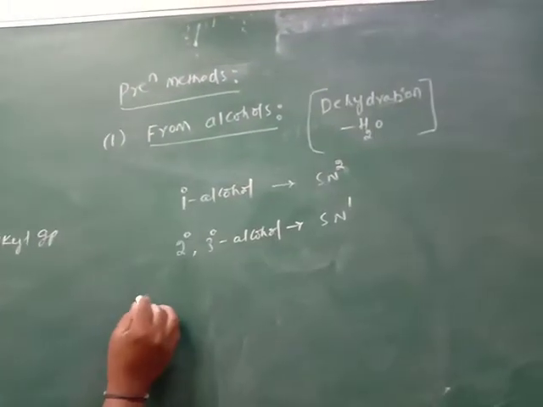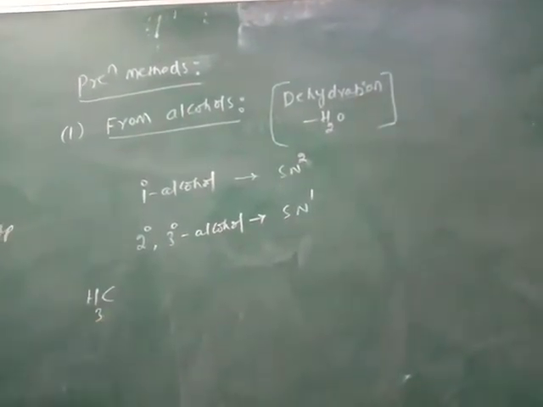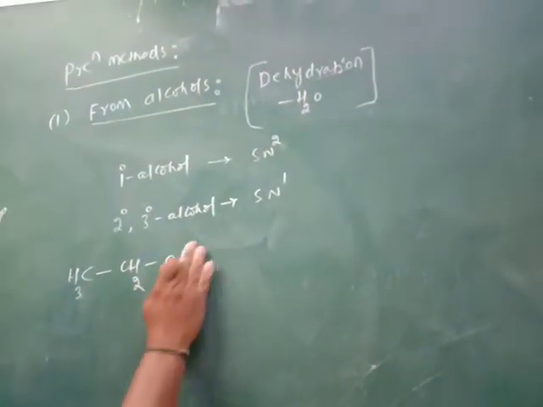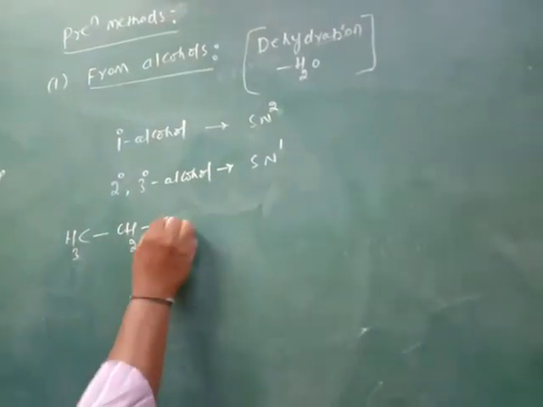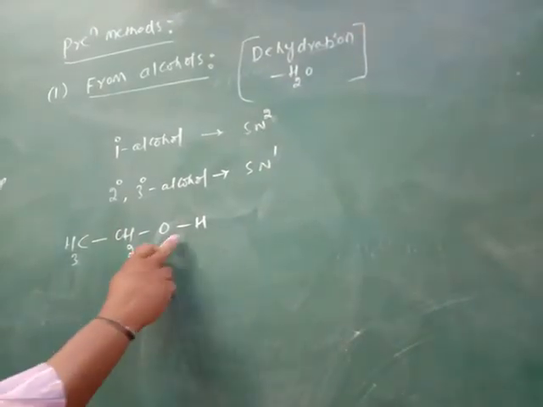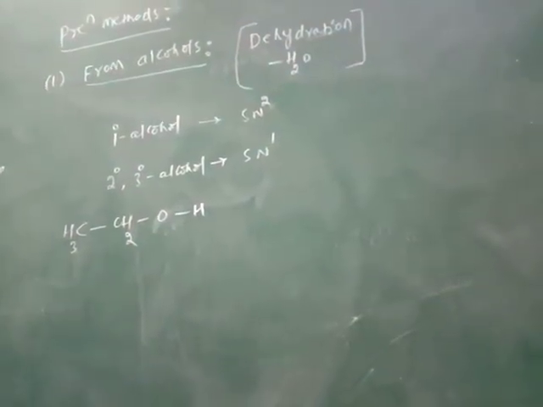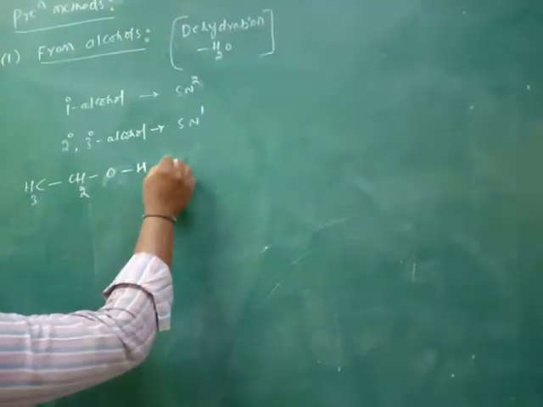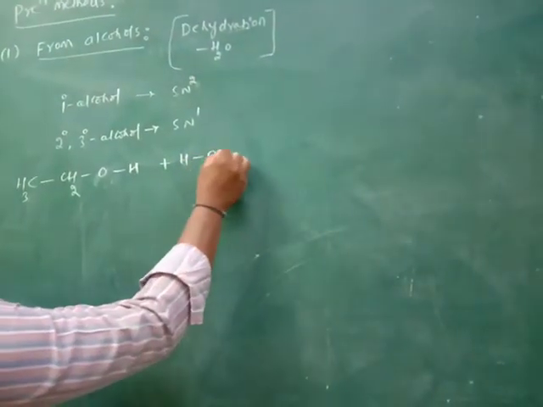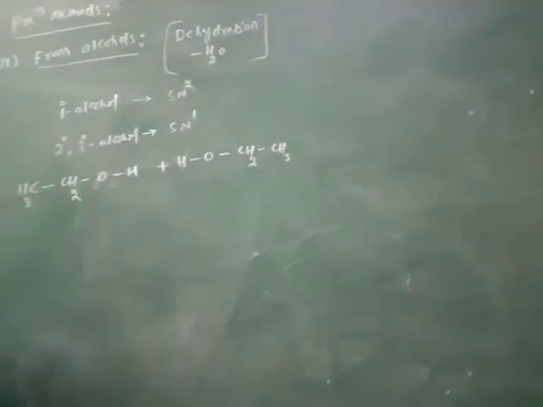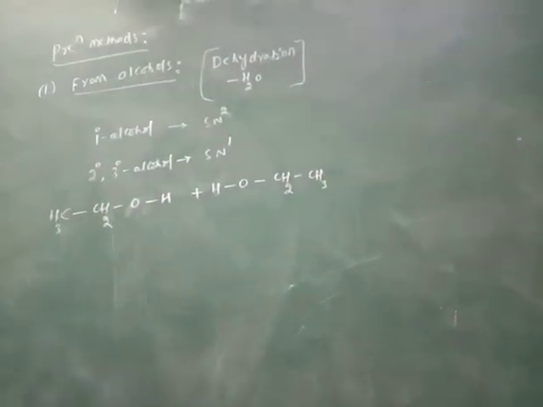For example, let us consider CH3CH2OH. In this preparation, the O-H bond is cleaved, that means fission. If you take 2 moles of this alcohol, HO-CH2CH3, simply 2 moles of alcohol are involved in this process.